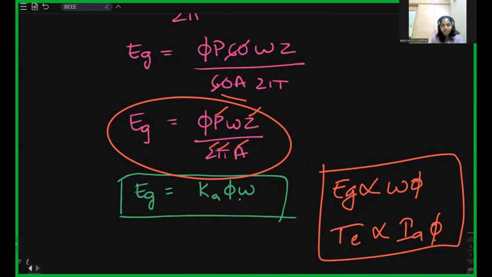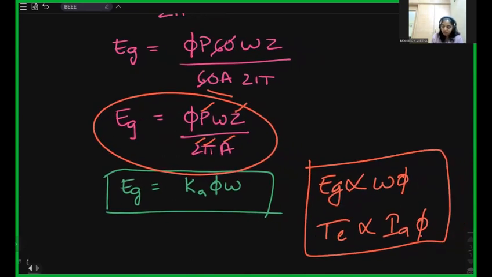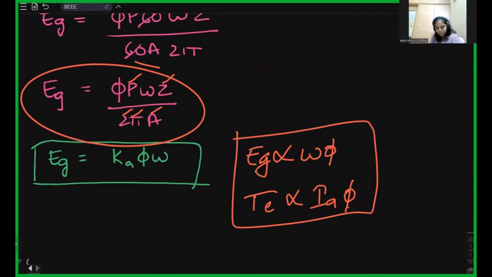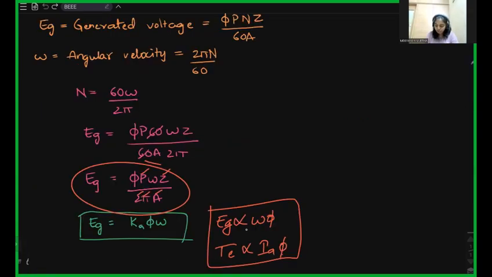So from this we can say that the generated EMF is proportional to omega into phi, and the torque is proportional to Ia into phi. From these two relationships, what we can write is Eg by torque equals omega phi by armature current into phi.